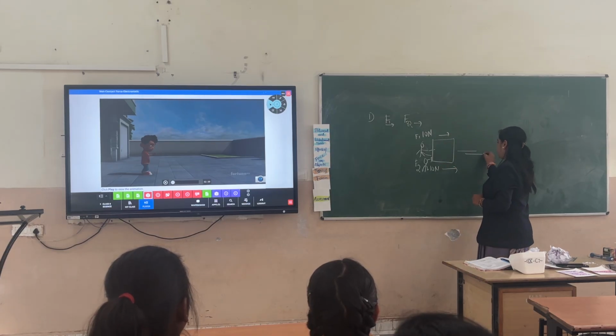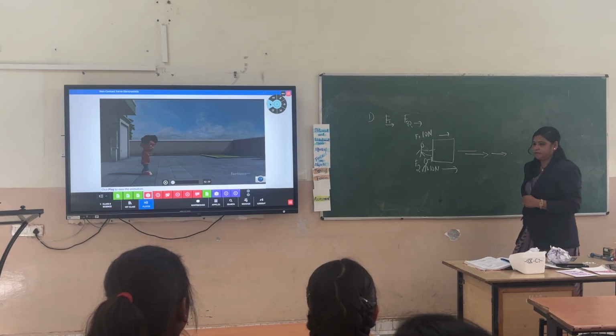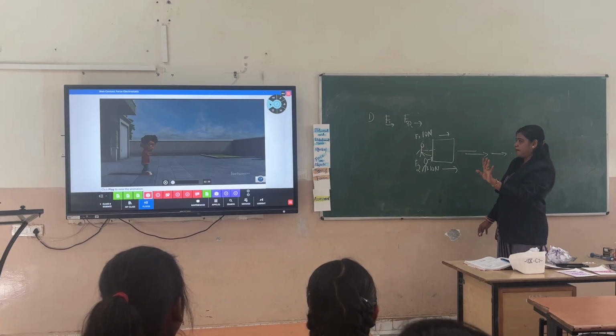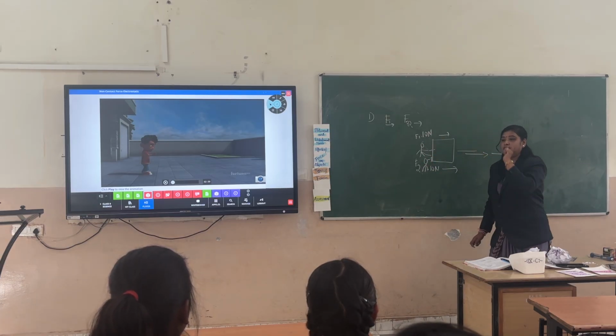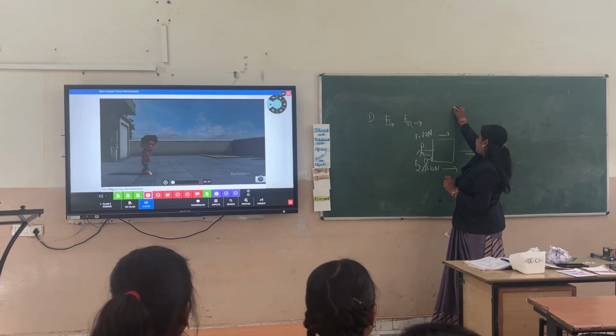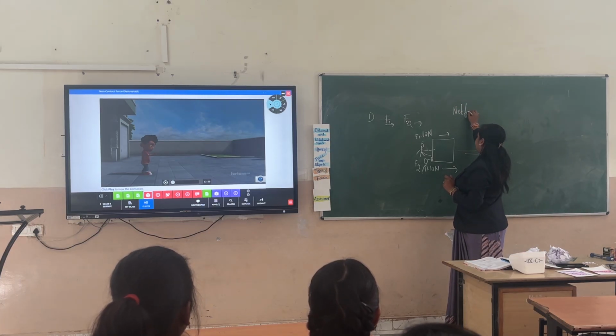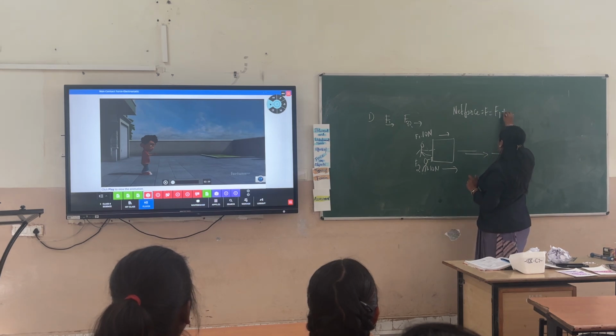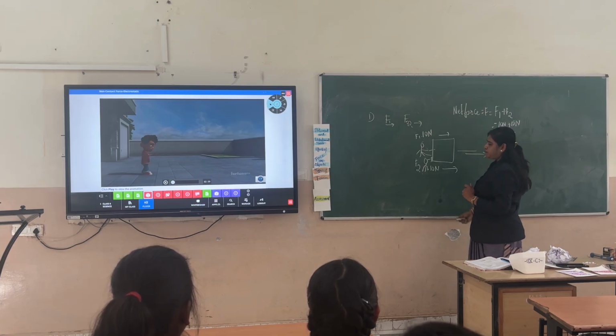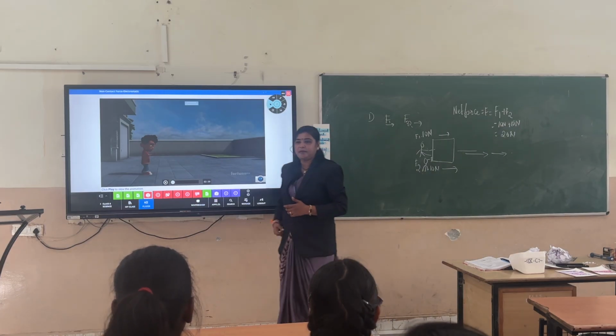Then the displacement of this object takes place in this way. Clear? So now what happened here? The total force applied by both is the net force. Net force F equals F1 plus F2, which means 10 Newton plus 10 Newton equals 20 Newton of force has been applied on this particular table.